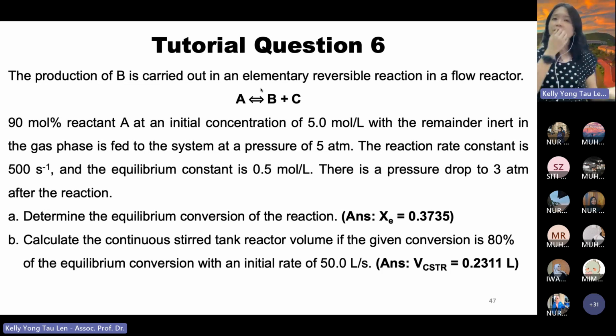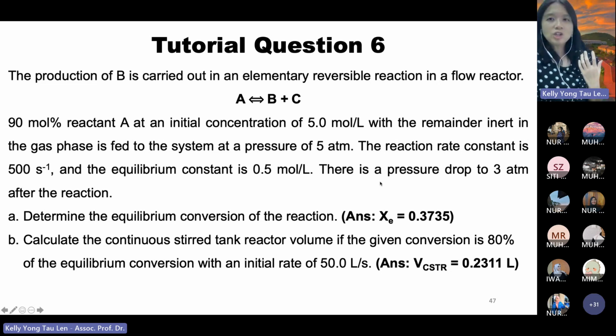You may have impurities, you may have inert. Next, CA0 is 5 mole per liter, and it is a gas phase elementary reaction, fed to the system with pressure P0 of 5 atm. The reaction rate constant K is 500, the equilibrium constant Kc is 0.5.